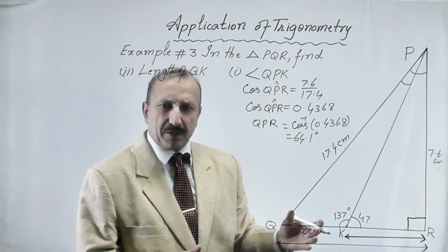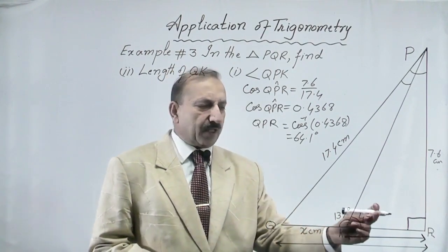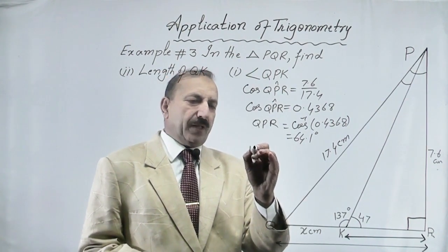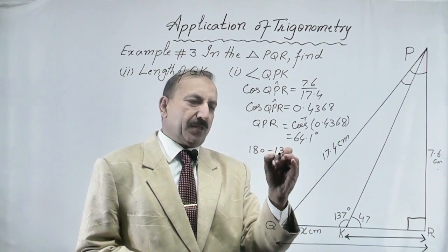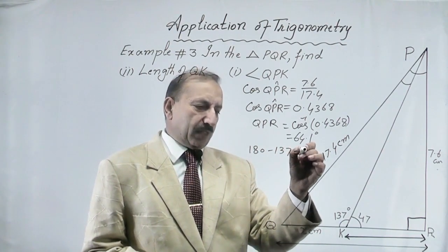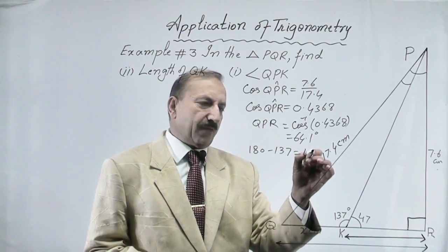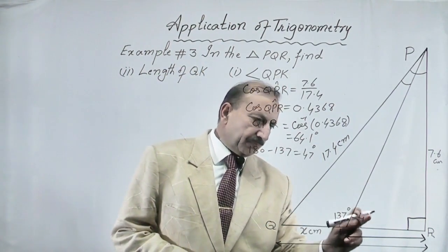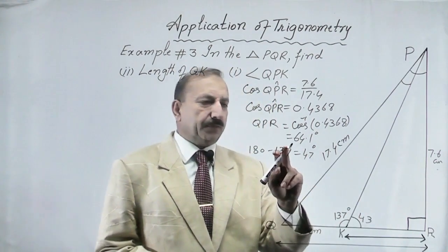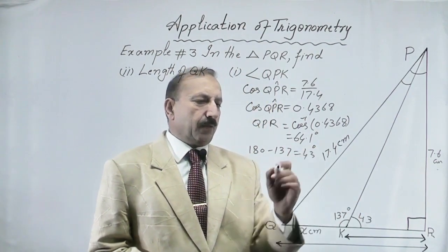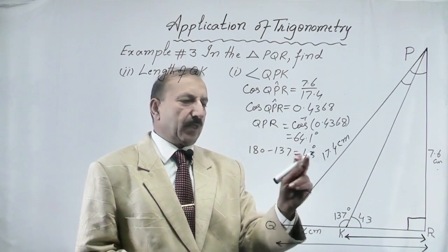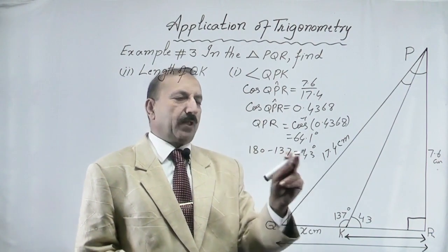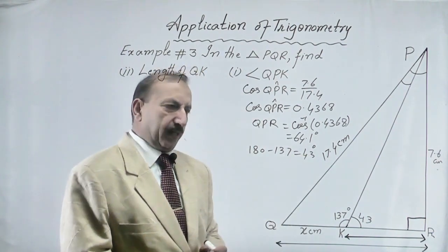You may get this by mental calculation, but you can show that this angle is equal to 180 minus 137, which gives you 43 degrees. When we subtract 7 from 10, we will get 3, and then subtract 13 from 17, we will get 4. So we got the 43 angle here.